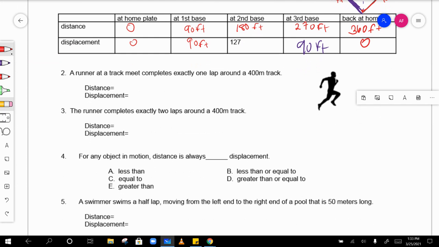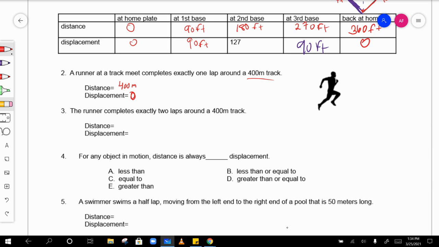Next, a runner at a track meet completes exactly one lap around a 400-meter track. If you go one lap around, that means they traveled 400 meters. That's the distance. The displacement is 0. We didn't move anywhere, we wound up at the same spot.